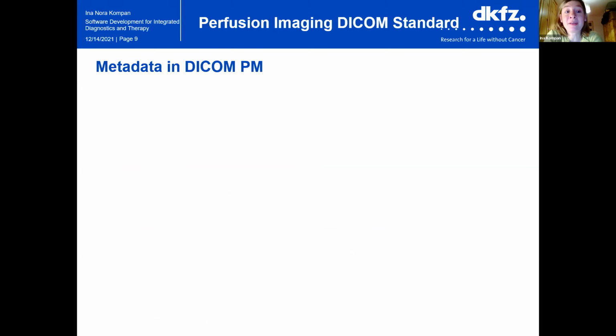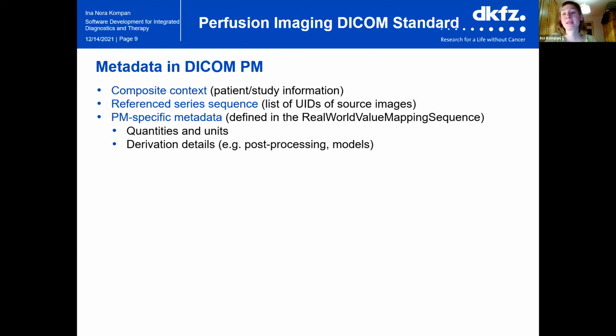I mentioned earlier that the metadata are included in the definition of a DICOM parametric map object. Let's have a closer look at that. So the composite context, being the patient and study information in DICOM parametric maps, is just stored like in a normal MR image.